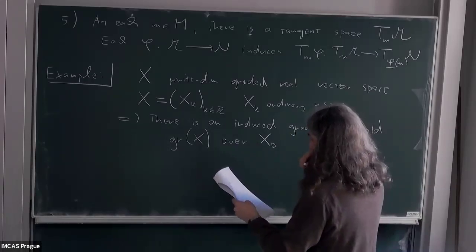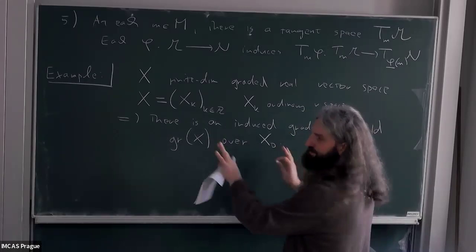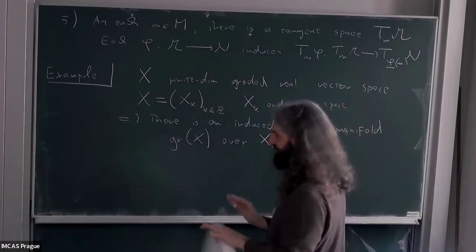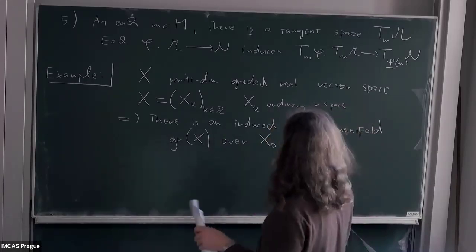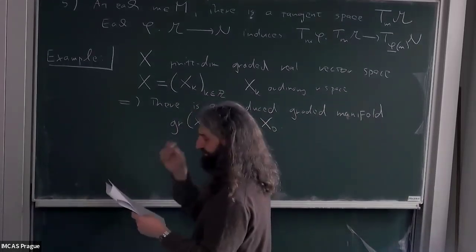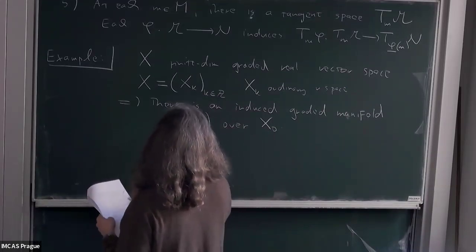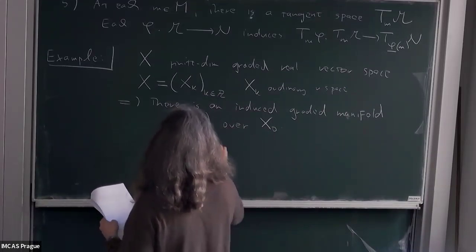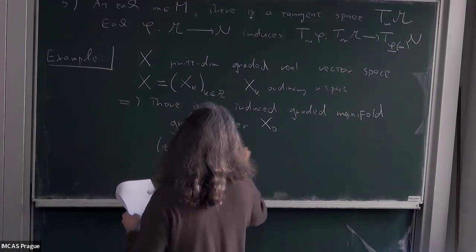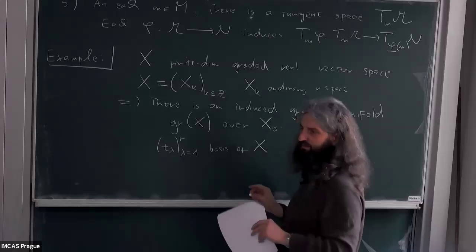And basically there is a definition. I can give you the precise definition of the sheaf. So how does one think about this? If you have some basis of X, in our definition you always have just a homogeneous basis.